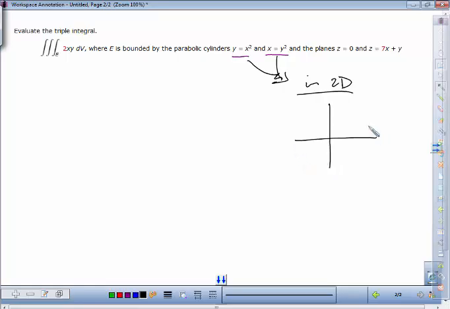And what we could do is we could just imagine that they're going to go up along the z. So y is equal to x squared is your standard opening up parabola.